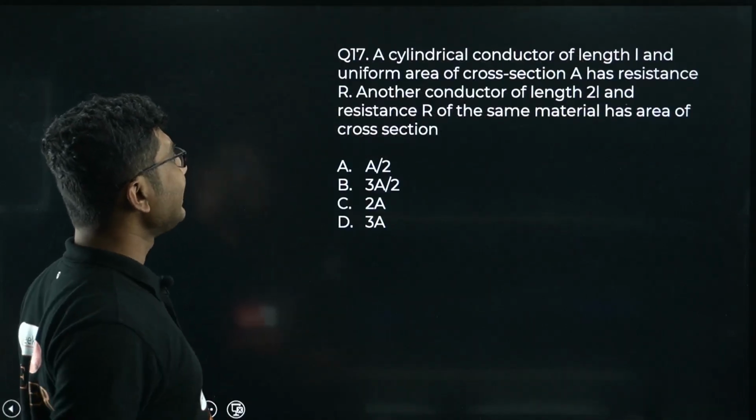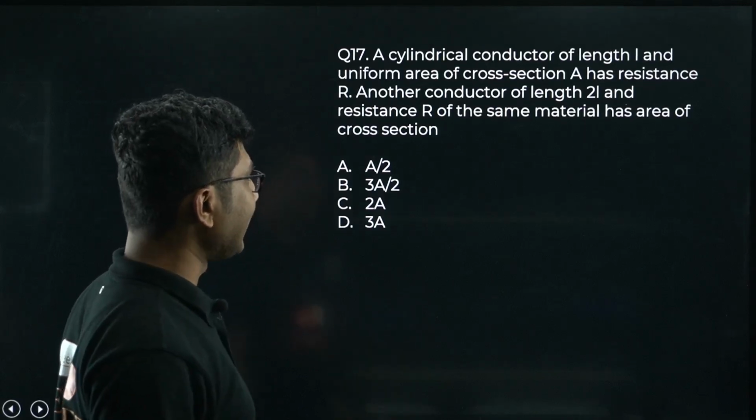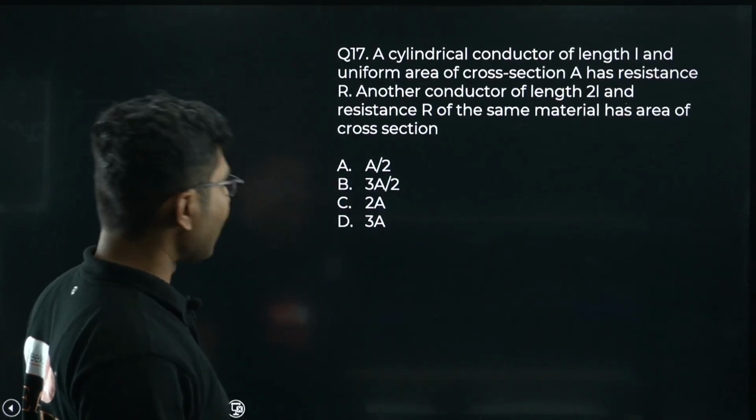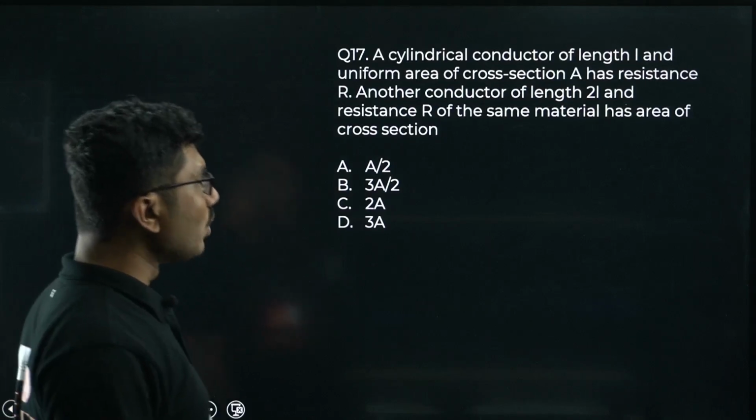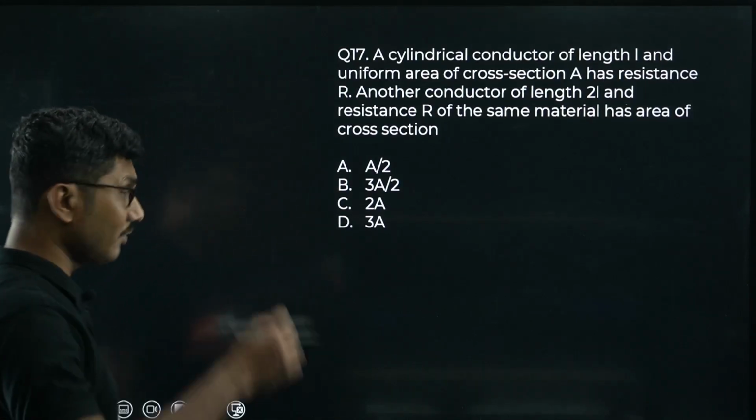Now, a cylindrical conductor of length L and uniform area of cross section A has a resistance R. Another conductor of length 2L and resistance R of the same material has what area of cross section?